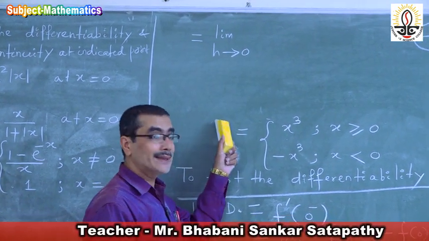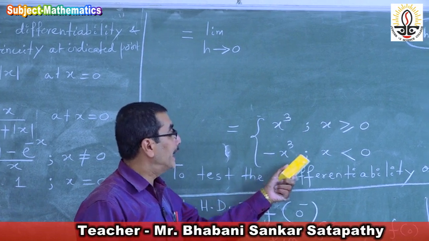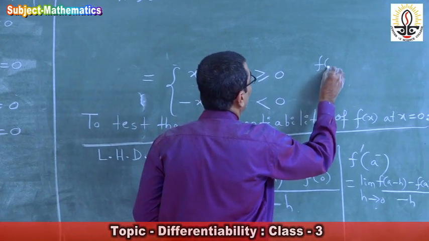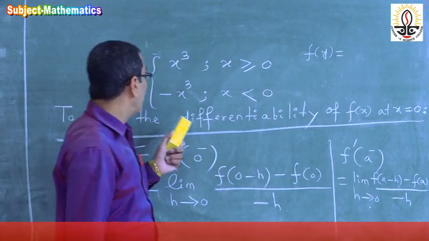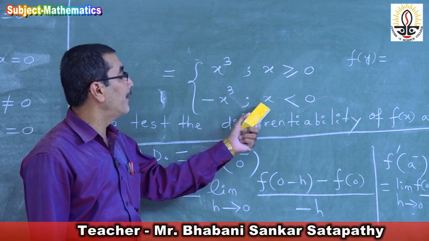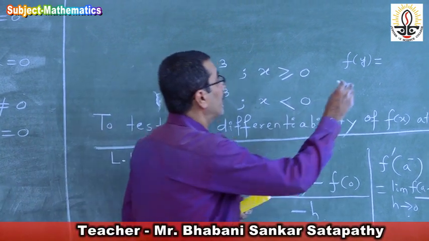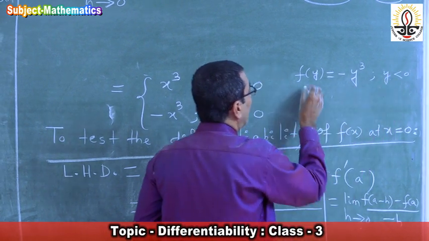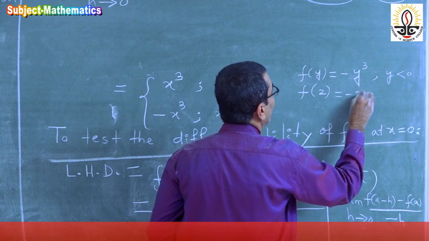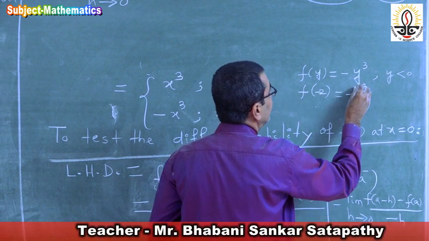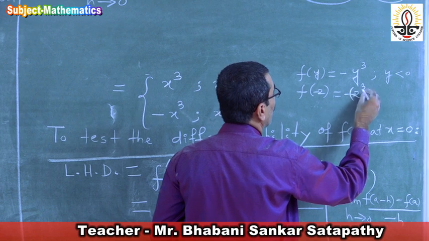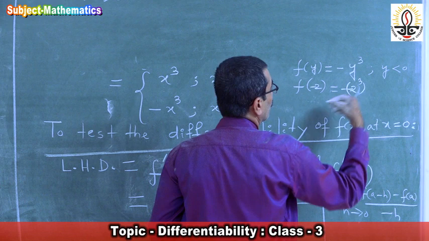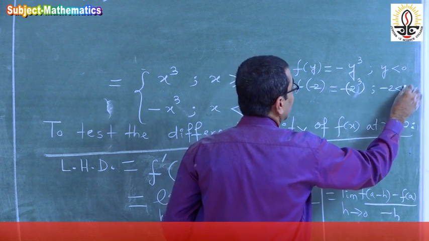See, f of x is equal to minus x cube if x is less than 0. Then f of y will be equal to minus y cube if y is less than 0. f of 2 is equal to minus 2 cube. f of minus 2 is equal to minus of minus 2 whole cube, since minus 2 is less than 0.